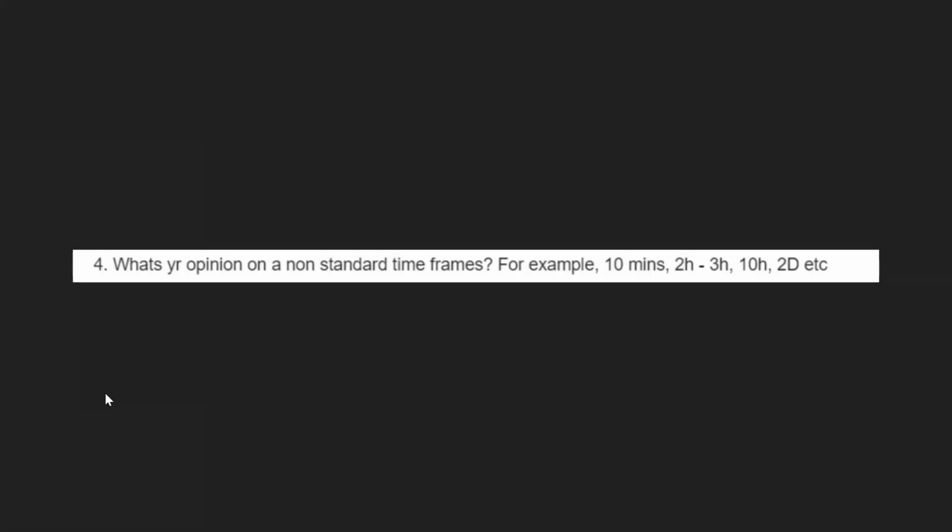Right. What's your opinion on a non-standard time frame? For example, 10 minutes, 2 hour, 3 hour, 10 hour, 2 day, etc. Time frame isn't important to me, only in as much as it's useful in assessing the significance of structures.